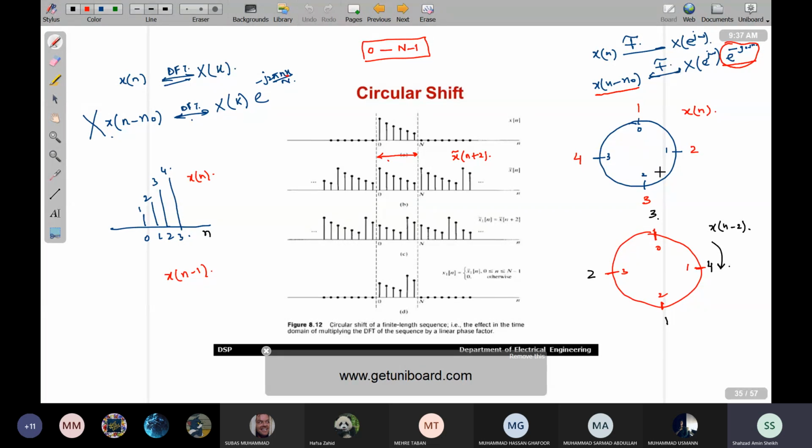So as a result of that, what's happening? So 1 2 3 4, and if I am interested in x of n minus 2, I will be flipping or dragging the signal clockwise, and if I am interested in x of n plus 2, I will be doing this operation counterclockwise.